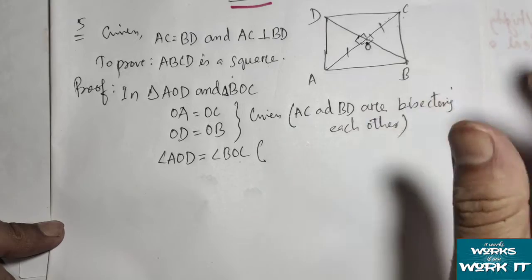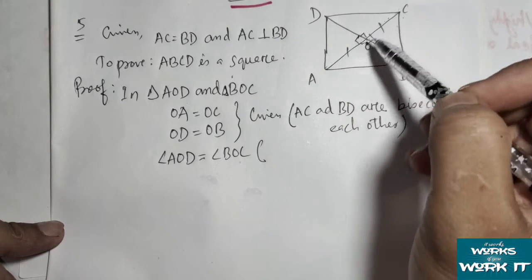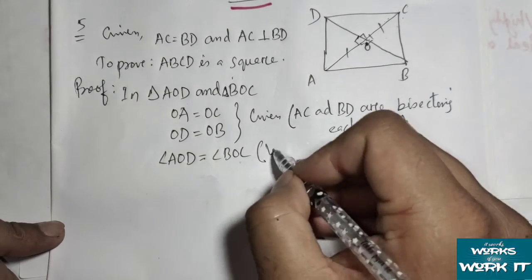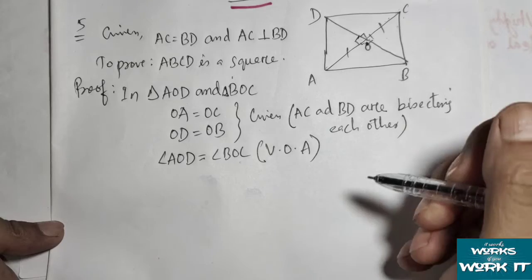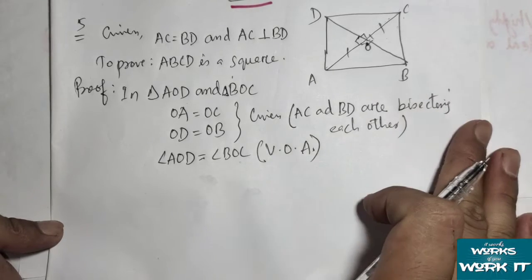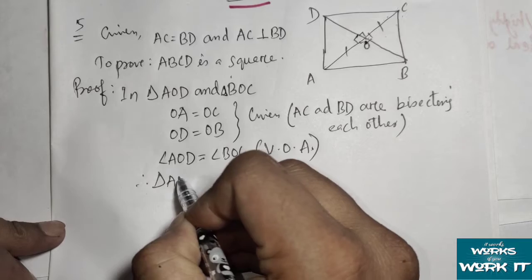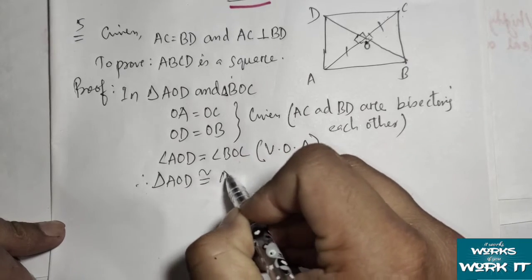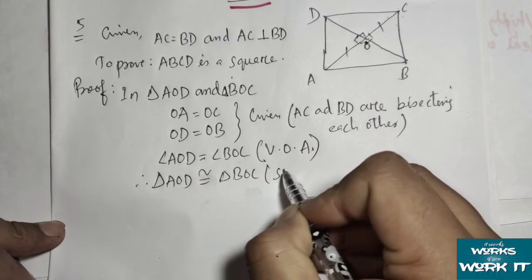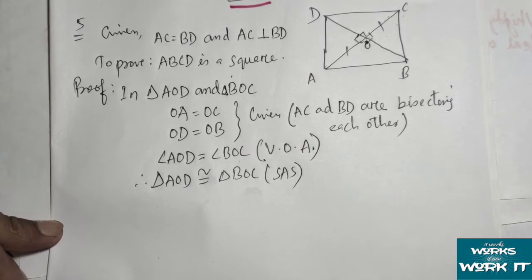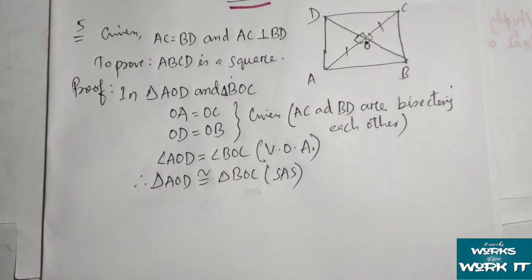Why? One, they are already given in the question to be 90 degrees, and also we can write vertically opposite angles. So now, therefore, triangle AOD will be congruent to triangle BOC by SAS rule or SAS criteria.